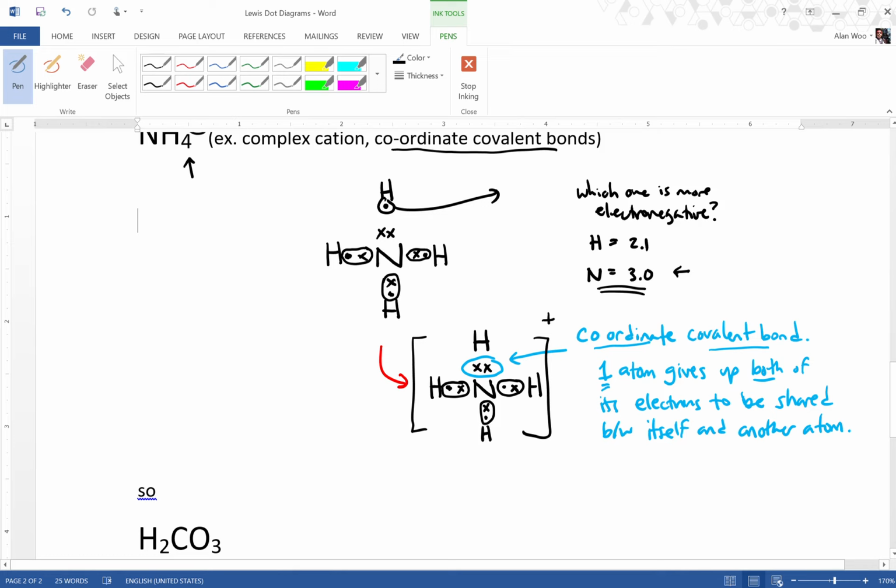So you actually have polar bonds here. Nitrogen gets the delta negative, while delta positive is given to all of the hydrogens, just to show that this is a polar bond.